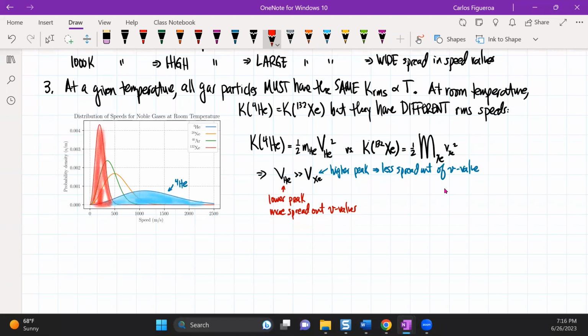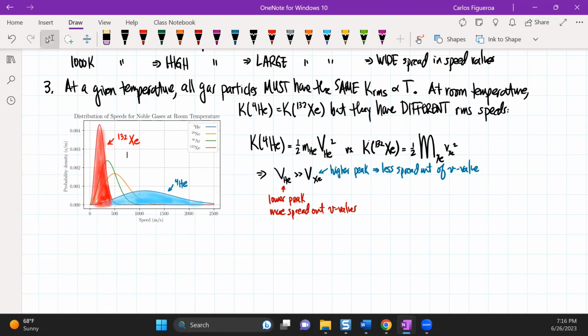This curve is very localized. That's the trend of the curve here.